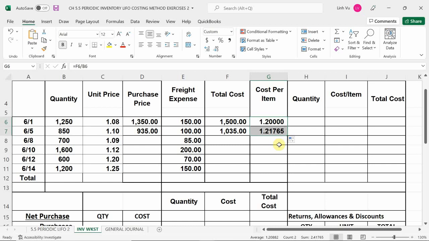Now this is where I was going to say, if you round this up to $1.22, here's what happens. Yes, you're costing yourself a little too much, because at the end of the day, you're rounding up your cost to $1.22.